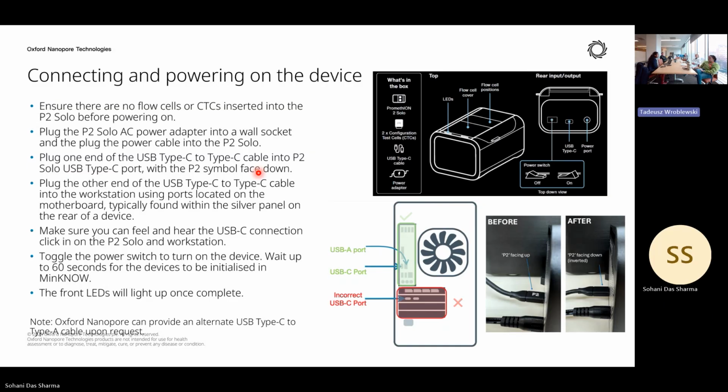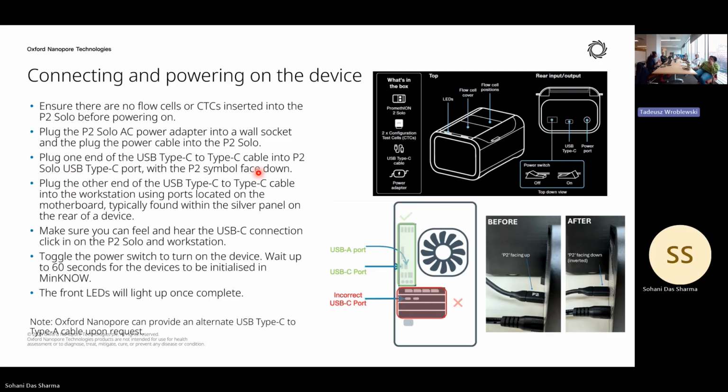We also have another platform called P2i, where you can use two flow cells at the same time. But for P2 Solo, there are some additional criteria which we need to take care of. We need to make sure the P2 Solo symbol is facing down.